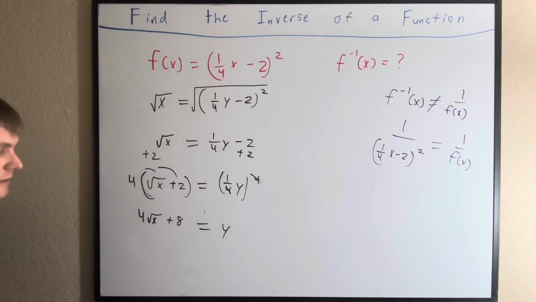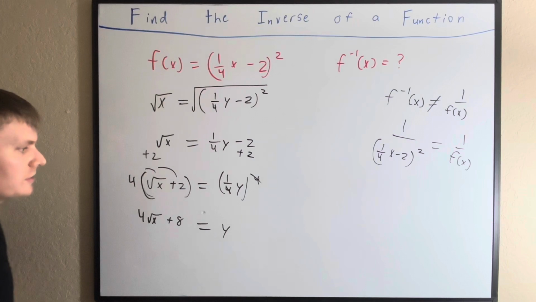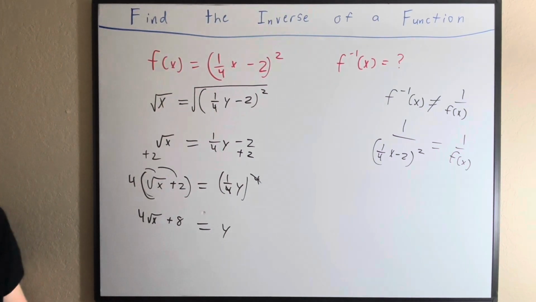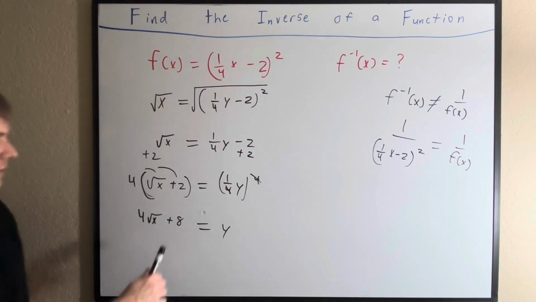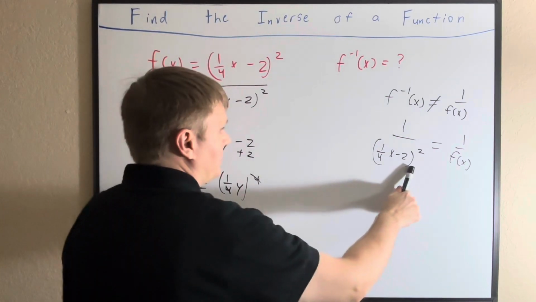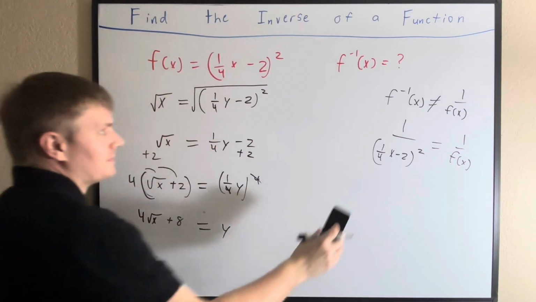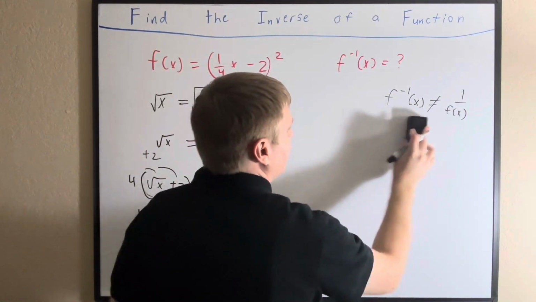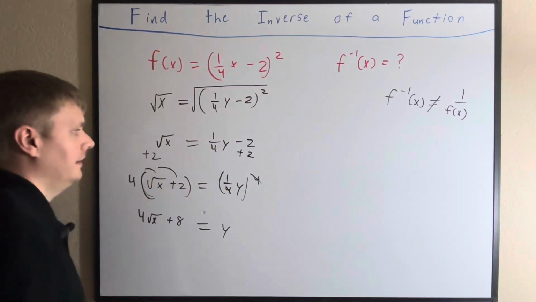Okay, now I could tell you this is the right answer, but maybe I'm not sure. How would we check to see if we're sure? Well, we know that it's not 1 over f of x. So keep that in mind and don't ever do that. It's just a notation.